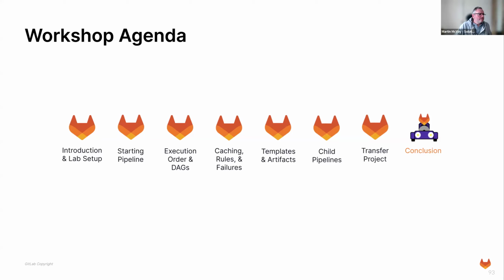Yeah, there is the question that came in. If we replace the strategy keyword by needs, does it still work? That's a good question. So we can use strategy depend, can't we, from a parent pipeline that drives. So if the child pipeline failed, the parent pipeline would fall over. So that's one way of driving the functionality.